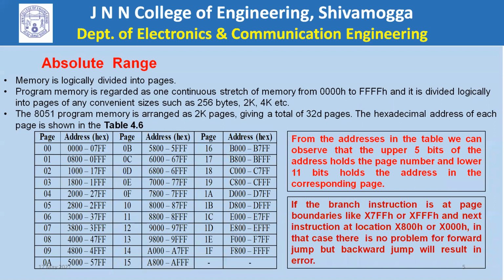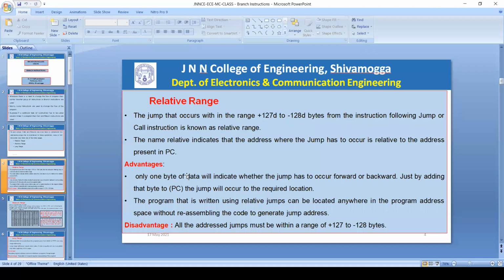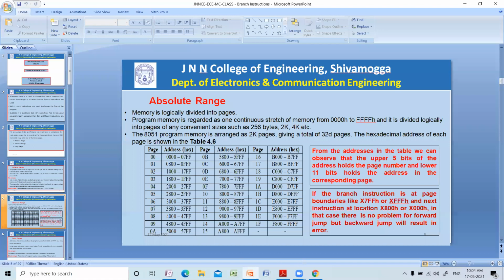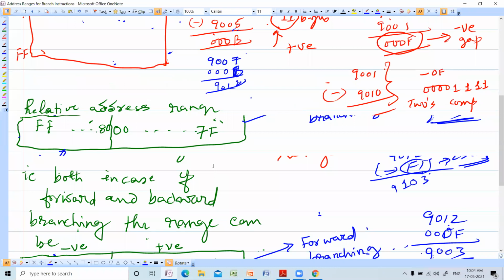So the last range is F800 to FFFF. From the addresses in the table, you can observe that the upper 5 bits of the address hold the page number and the lower 11 bits hold the address in the corresponding range. So what is the meaning of that?